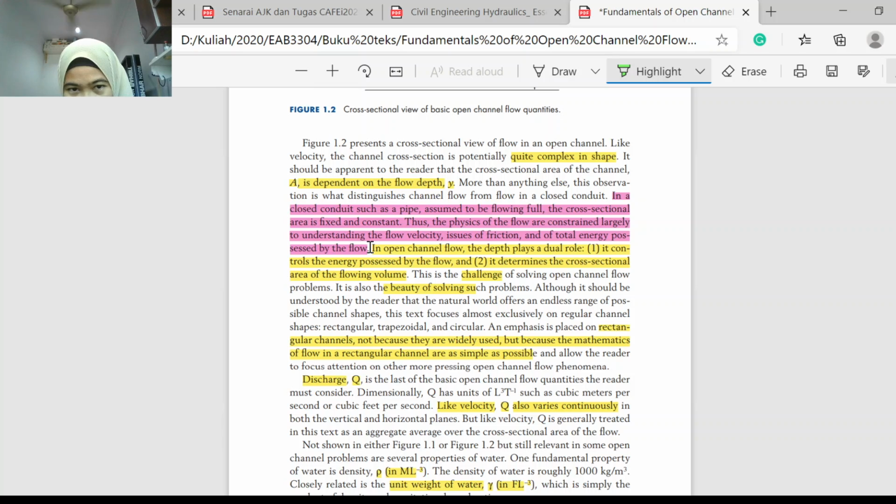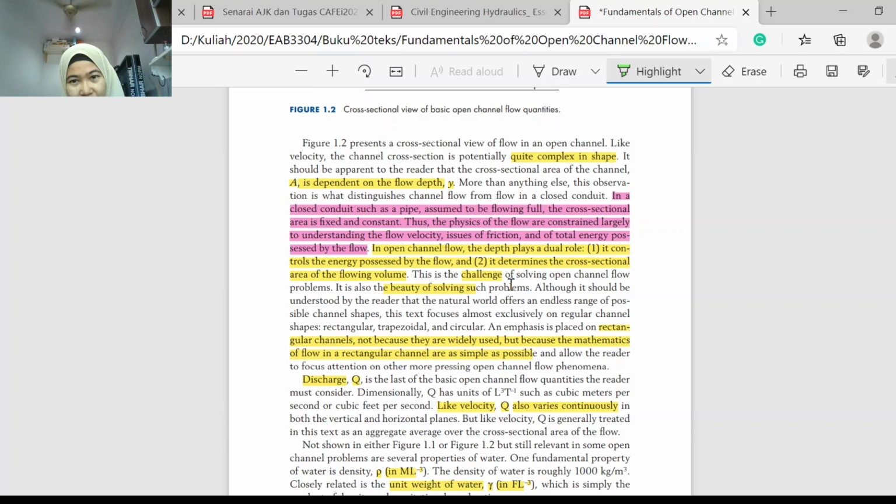However, now you see this yellow highlight. In open channel flow, the depth plays a dual role. First, it controls the energy possessed by the flow, and secondly, it determines the cross-sectional area of the flowing problem.